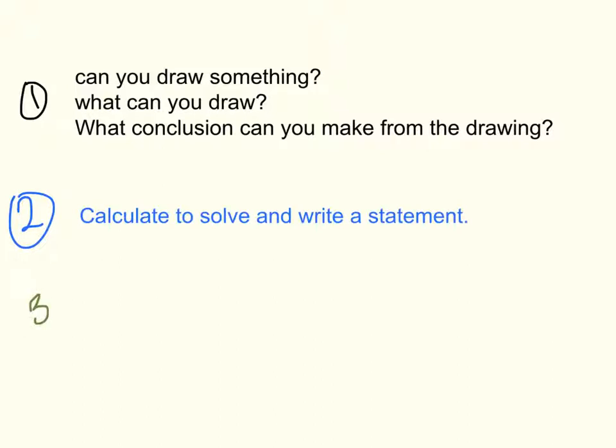And then I want you to assess the solution for reasonableness. Does it make sense? Can that even be an answer that you come up with?